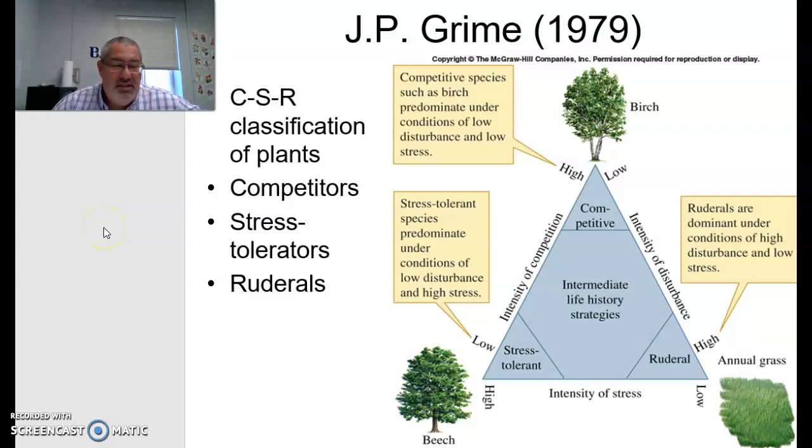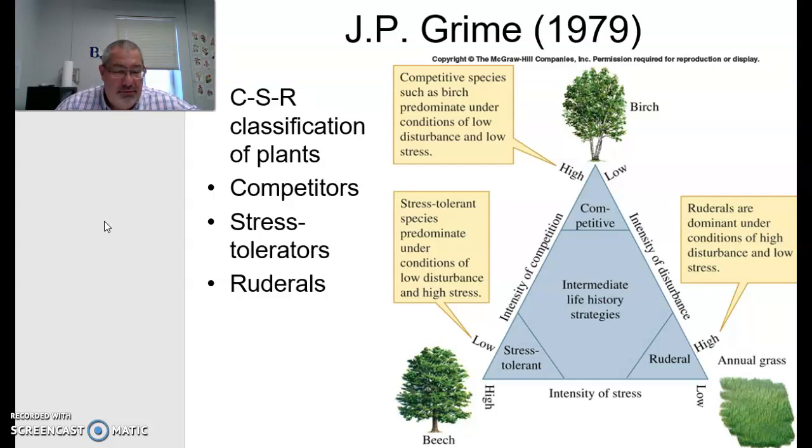Competitors tend to be carrying capacity or K-selected species. They tend to do best in environments where there is little stress and little disturbance. Stress tolerators tend to prefer stress such as lack of water, but they do not do well under disturbance.